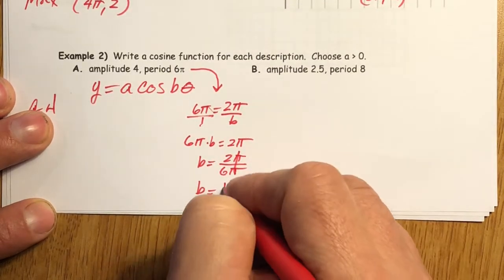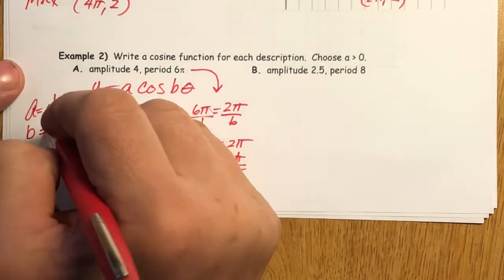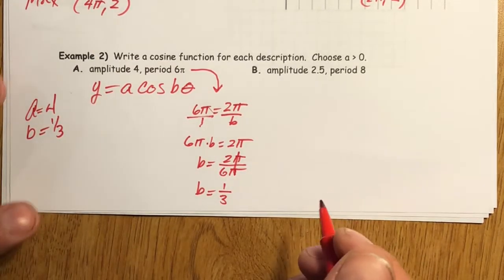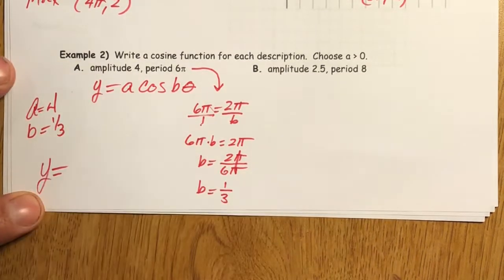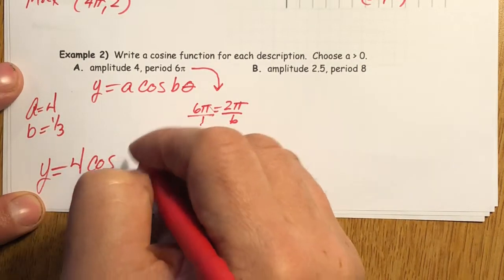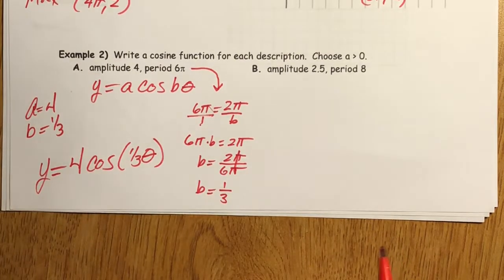Those cancel out, and it reduces down to 1/3. So we know that b is 1/3. And that's all I really need to know to write my function. So my equation is 4 cosine of 1/3 theta.